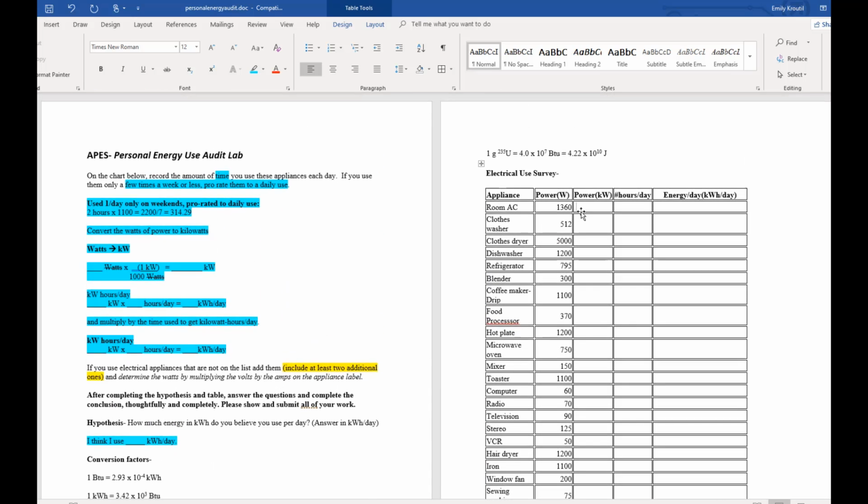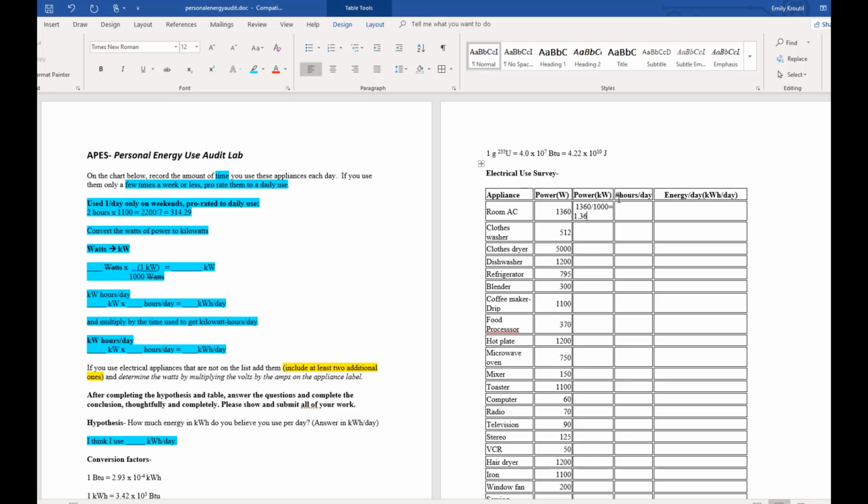So for example, if we want the power of our AC, we'll do 1360 divided by 1,000 equals 1.36. I'm going to write this in red.